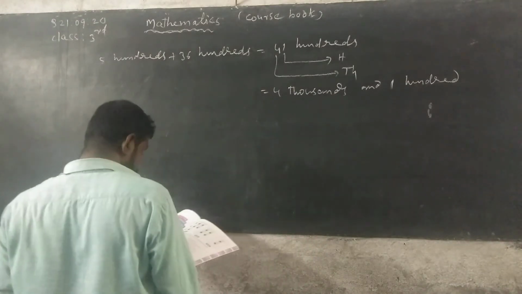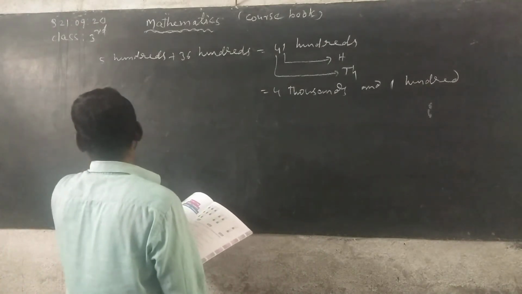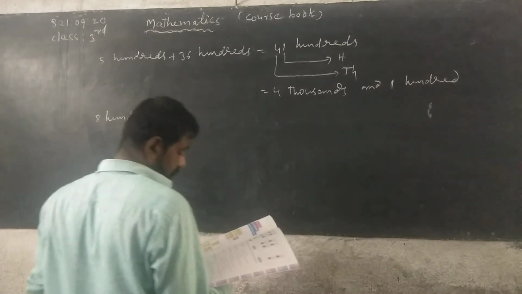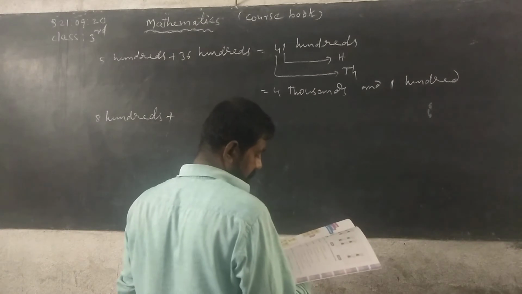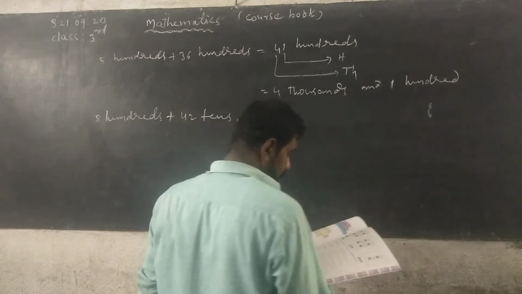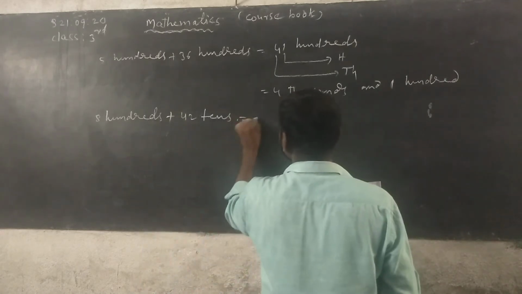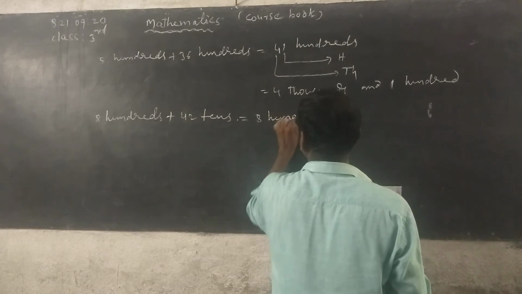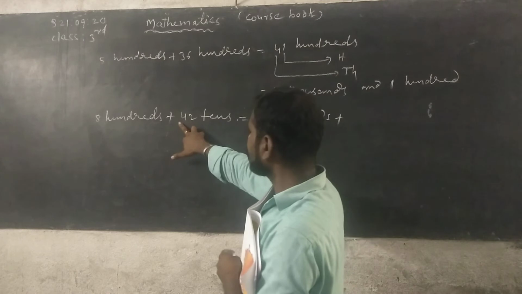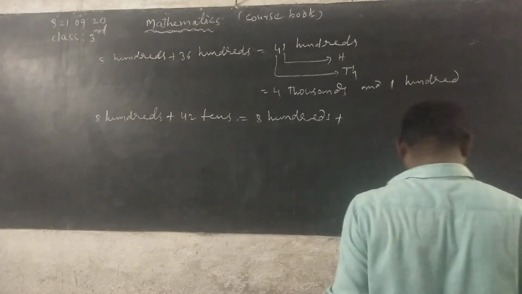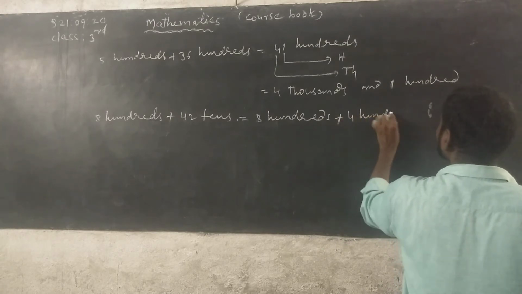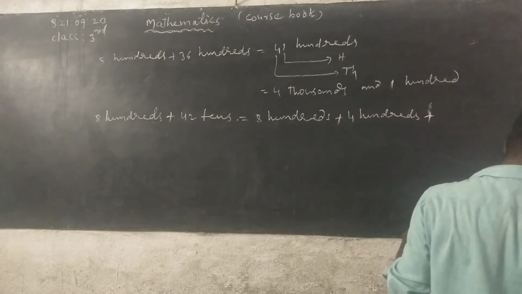Next, 800s. 42 tens. Listen carefully. See, 800s. 42 tens means 4 is in hundreds place, 2 is in tens place. 4 hundreds plus 2 tens.